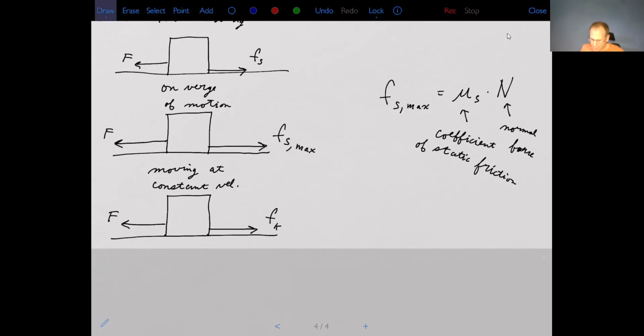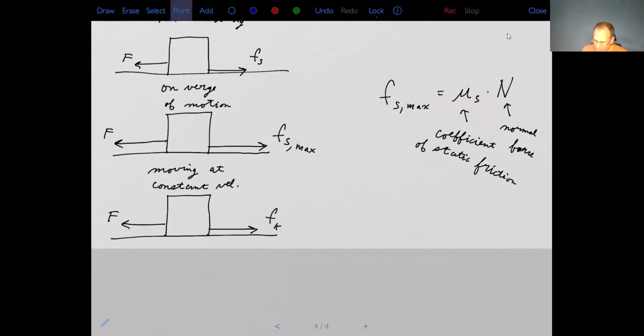Okay, now these coefficients, these are just numbers, right? They represent something about the two surfaces that are sliding over one another. In this lab, it was a wooden cart that had these leather straps on the bottom, and it was sliding on a wooden ramp. So really, we were looking at the friction between the leather straps and the wooden ramp, right?